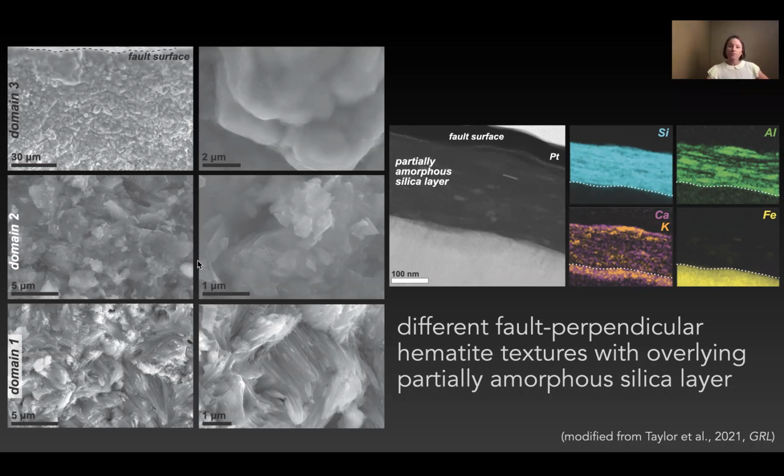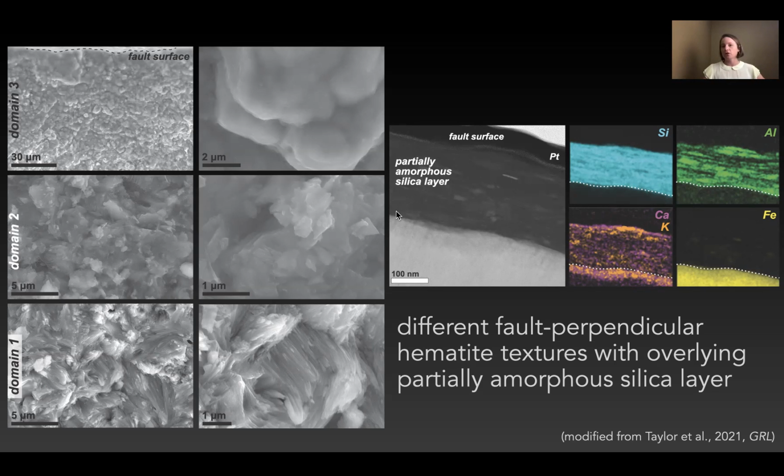And what we see are different fault perpendicular hematite textures that vary from hematite platelets away from the fault, to cataclasite as you approach the fault, to bulbous aggregates right at the fault surface that we now know from transmission electron microscopy, or TEM, comprise 4 nanometer wide rods.